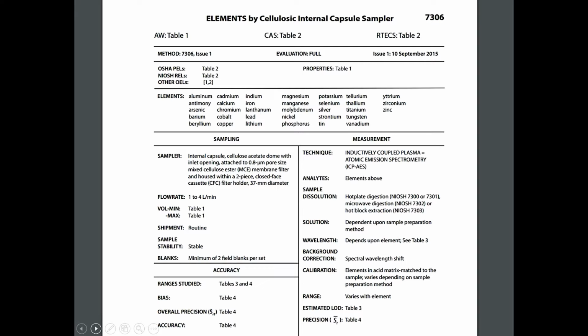So I'm not sure if they're rinsing and wiping. But again, with the Solucap, you have the advantage, there is no need to remove the filter or rinse or wipe the walls. You simply acid digest the entire device. And again, the sampler is disposable.